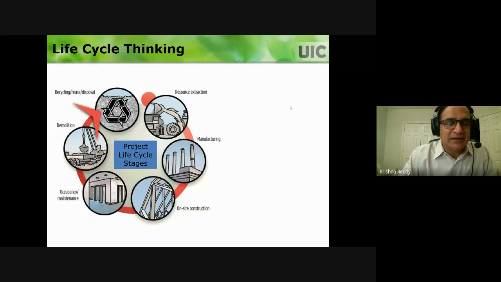The other thing that one should consider is life cycle thinking. As civil engineers, we don't teach our students these things. We do a lot of design. We teach a lot of design courses, and we basically assume that materials are going to come to the site, and we're going to build it, and then we're going to use it.